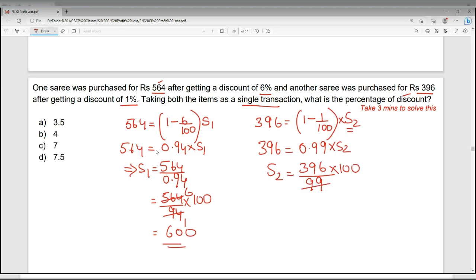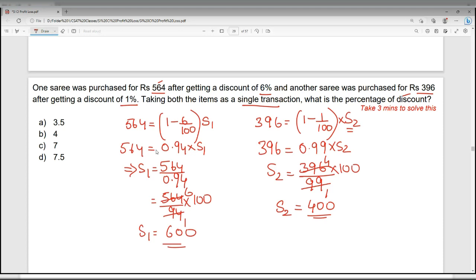This is 400. So the sticker price of sari 1 and sari 2 is 600 and 400.